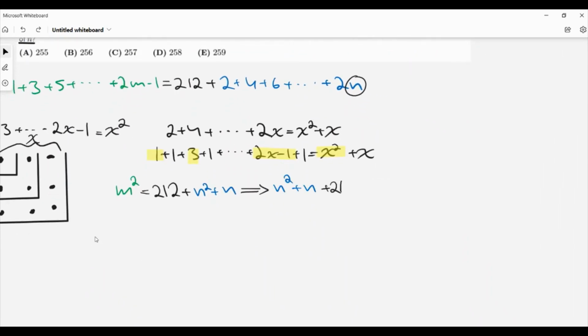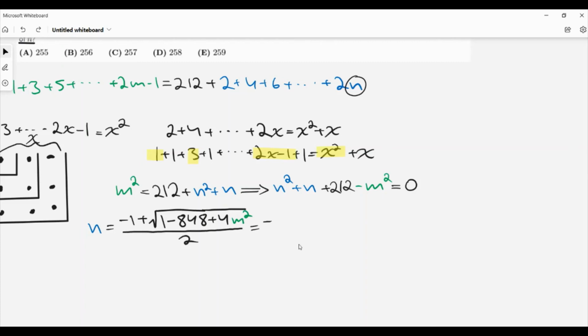So, since we want n, we write a quadratic in n, just like this, and we use our quadratic formula. So we have n is equal to negative 1, plus, we don't use the minus because n is positive, the square root of 1 minus 4ac, and then over 2. We can simplify this a bit and make a substitution.